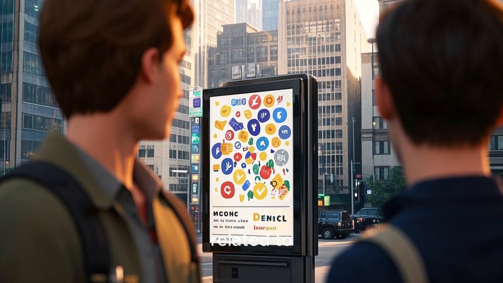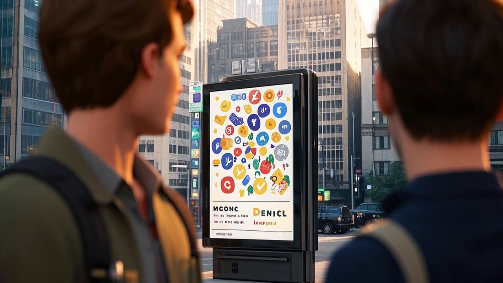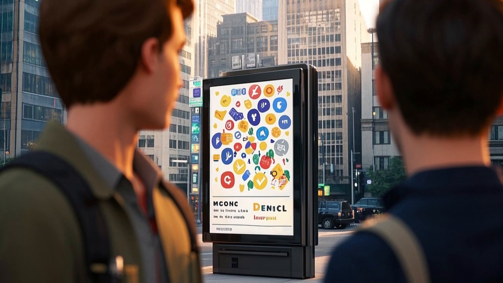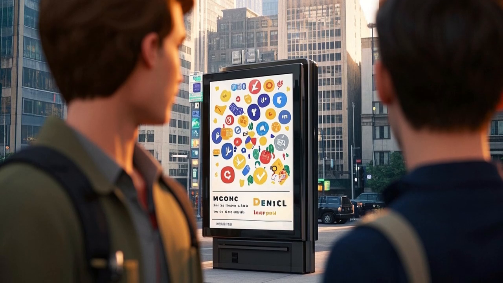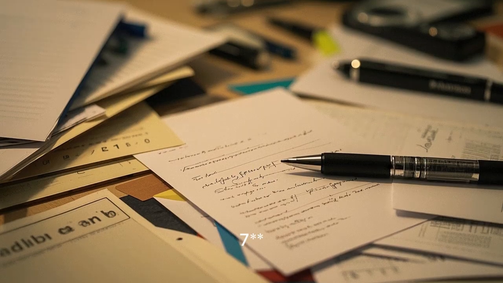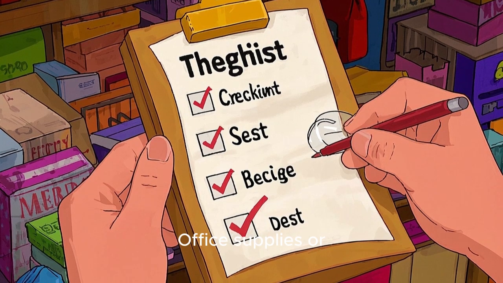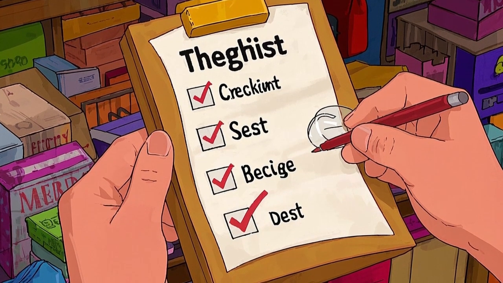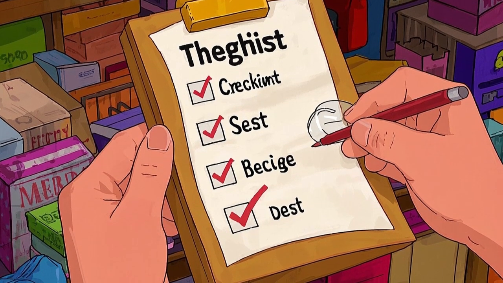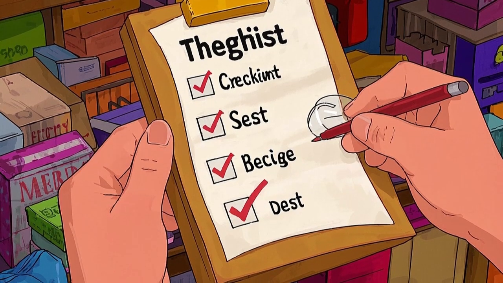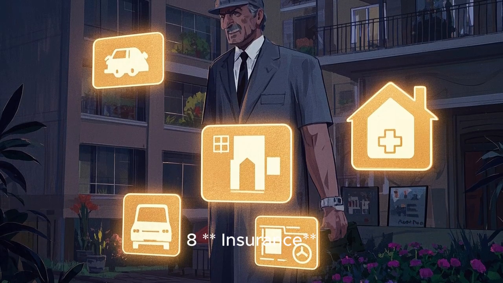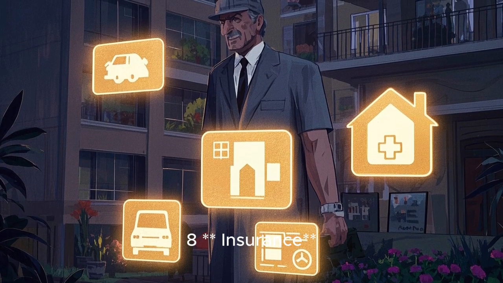6. Advertising and marketing. Expenditures related to promoting the business or its products. 7. Supplies and consumables. Office supplies, or any other consumable goods used in business operations. 8. Insurance.